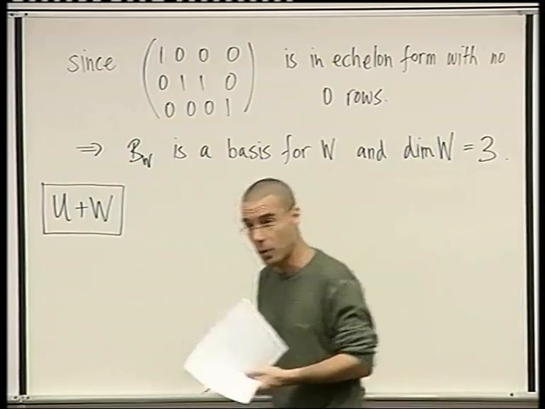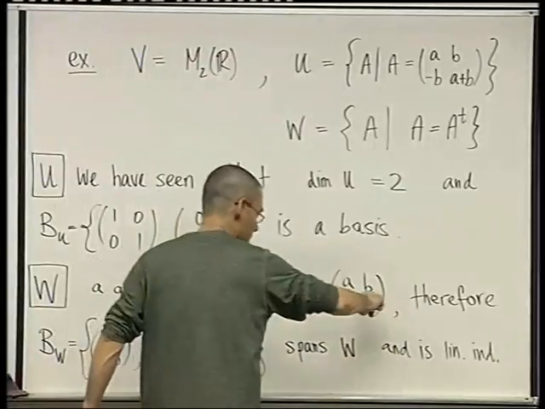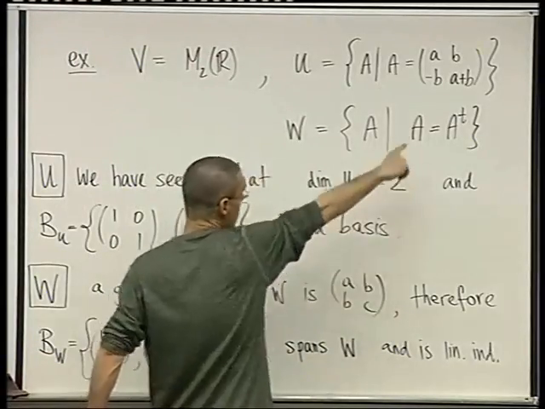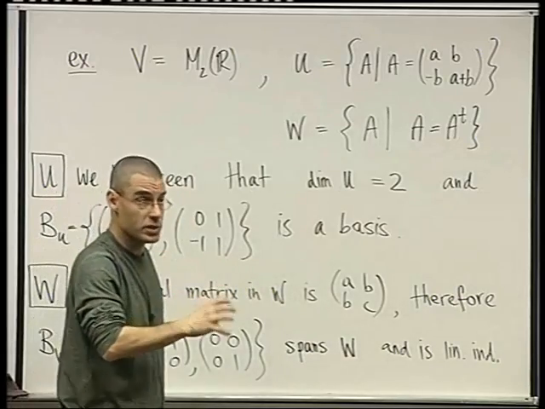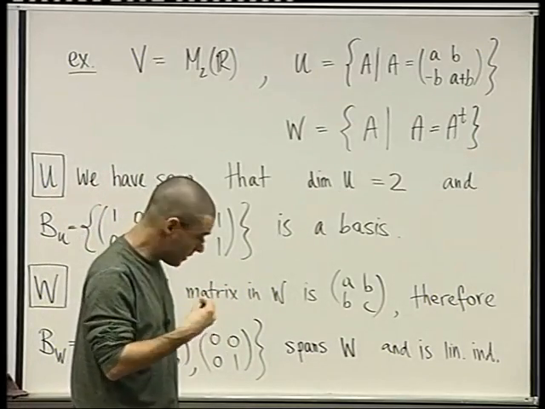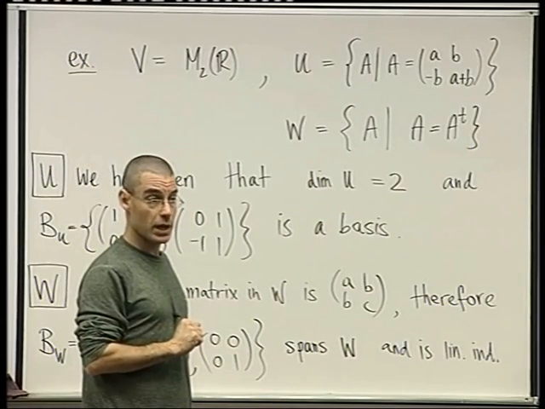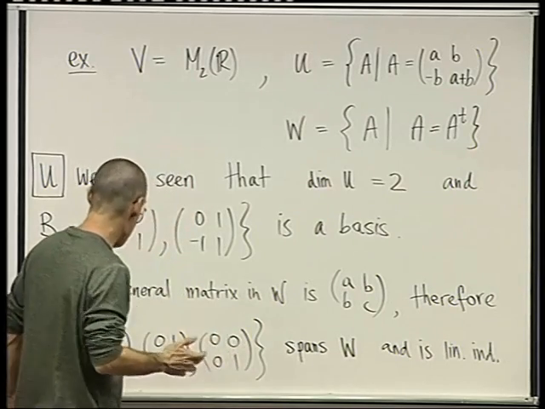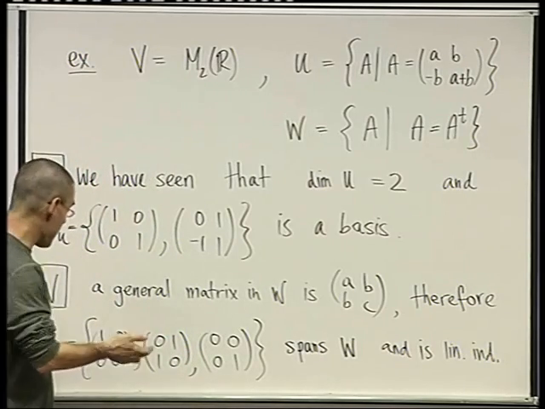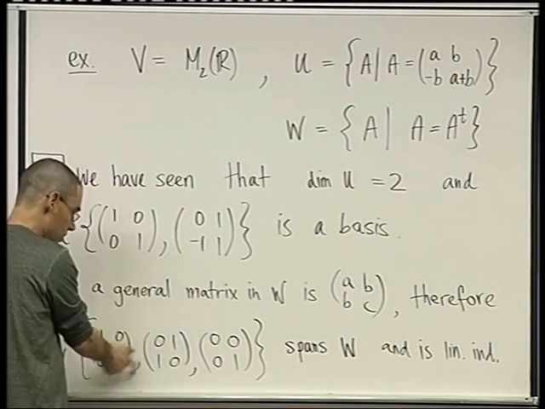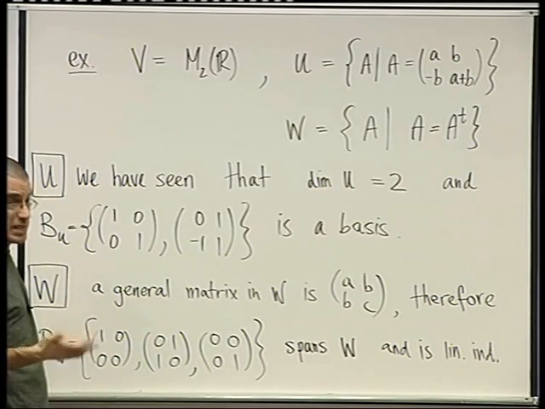Okay, let's look back one board. What would a matrix have to satisfy in order to simultaneously be of this form and of this form? I can start understanding those conditions, and that's a legitimate approach. But I can say something else. Any element in U plus W is spanned by the union of these 2 bases, because it's something from U plus something from W.